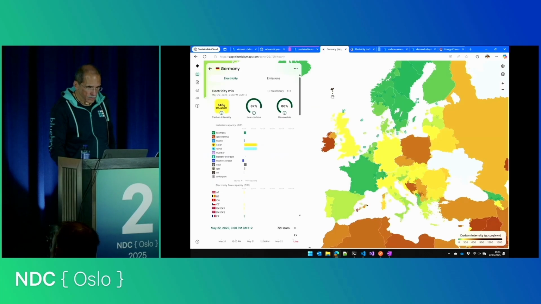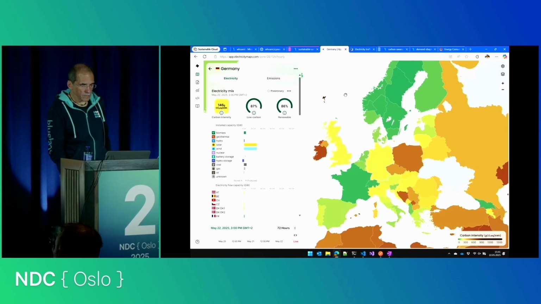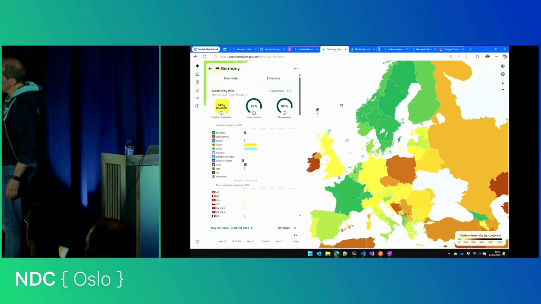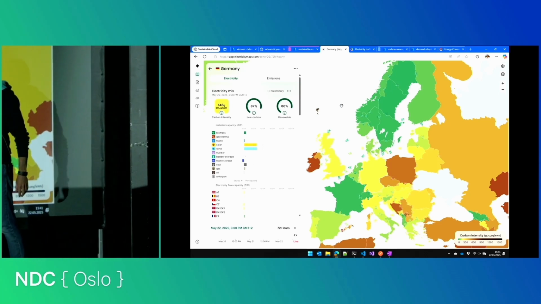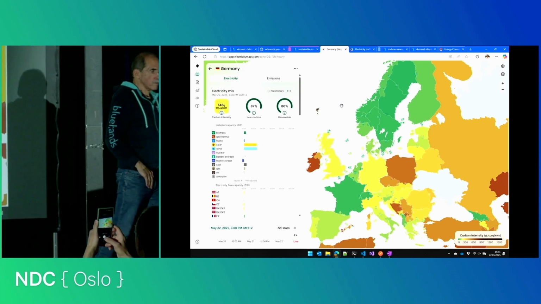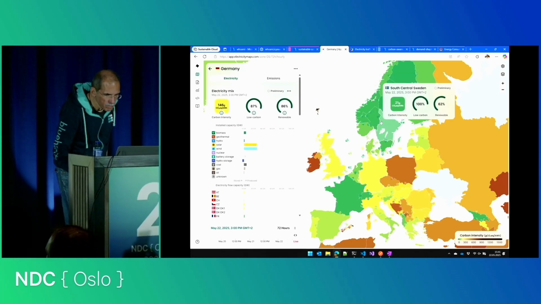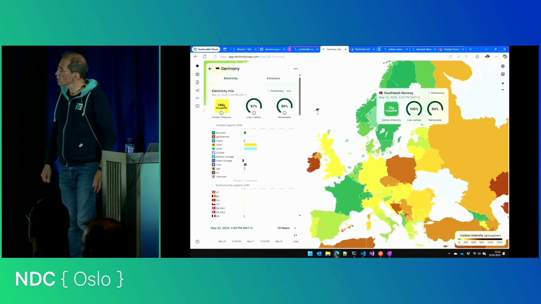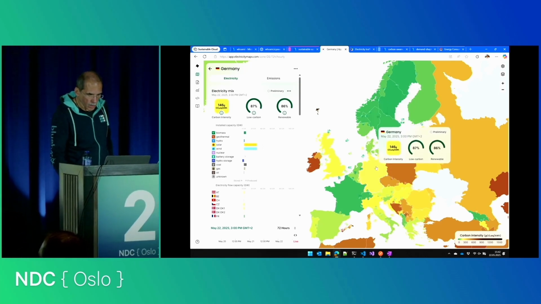This is Electricity Maps. And what you see here is the carbon intensity of the different grids in Europe. We are here. Or here.